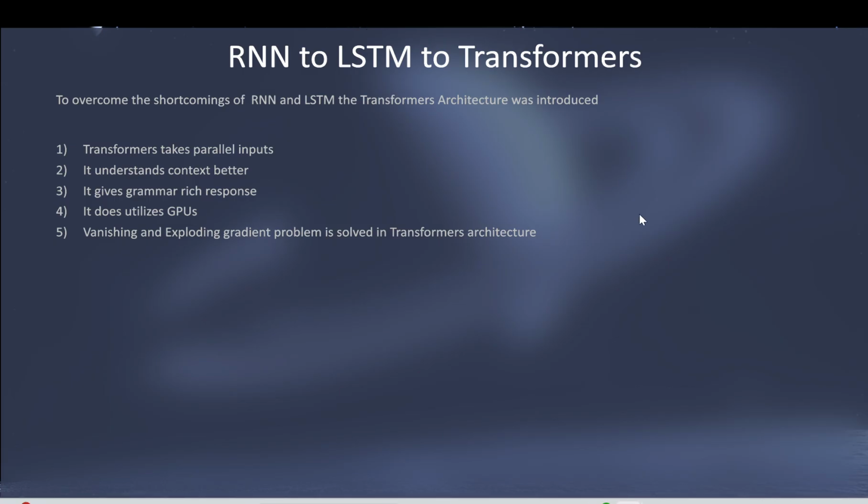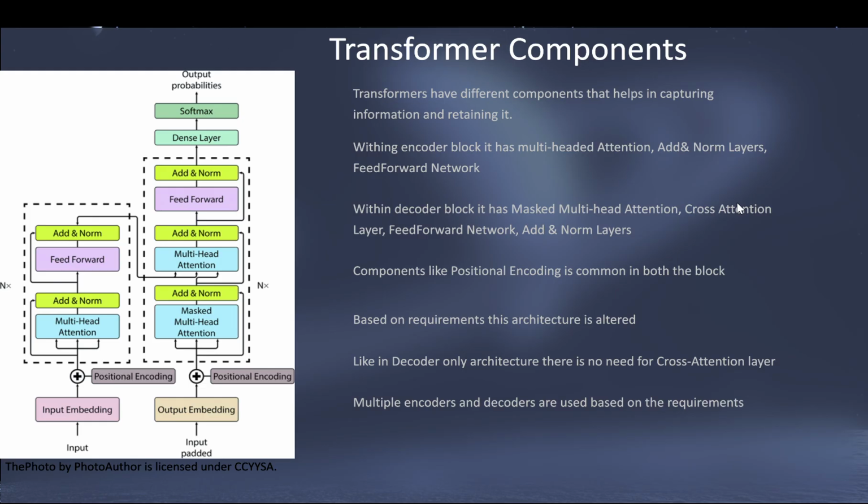So that's why we went from LSTM to transformer. But what is a transformer and why do we need it? It is clear that to overcome some of the shortcomings of LSTM, RNN, and all other models, we came to the transformer.